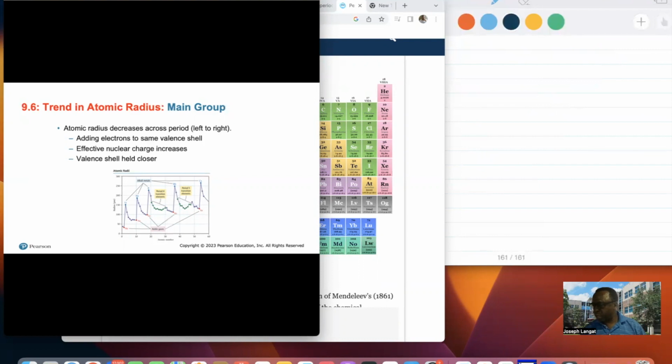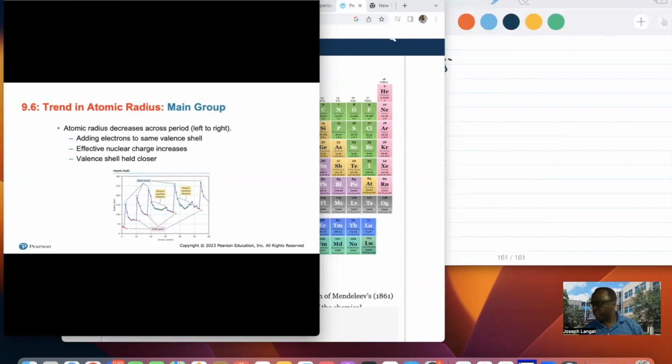Let's see across. This is lithium, Li, with one valence electron.